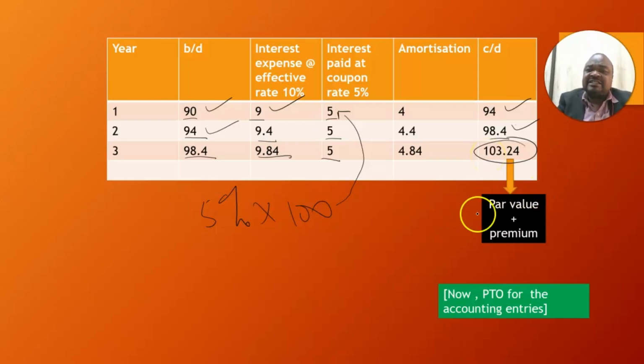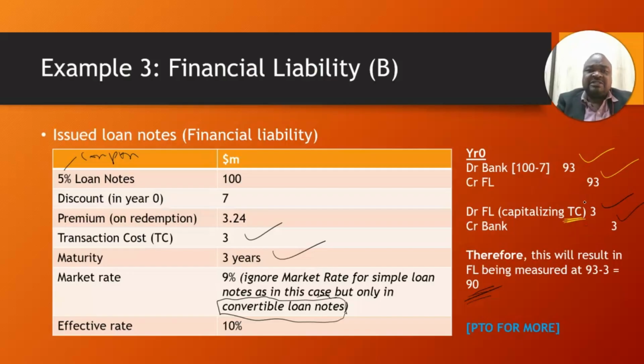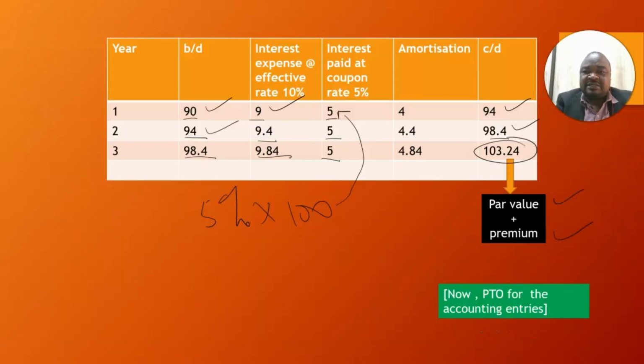This is why I indicated that this is the par value plus the premium, because the examiner had said that there is going to be premium on redemption, which is 3.24, and the loan notes, this one is the principal amount. So that's principal plus premium there, the par value plus the premium.